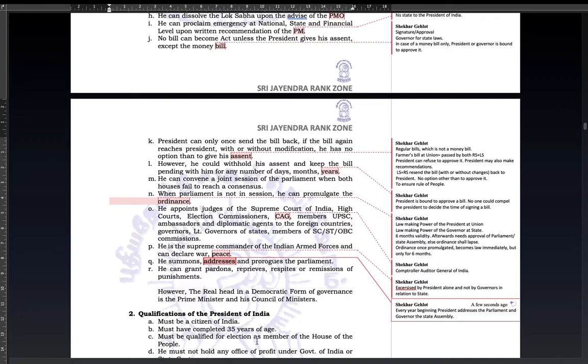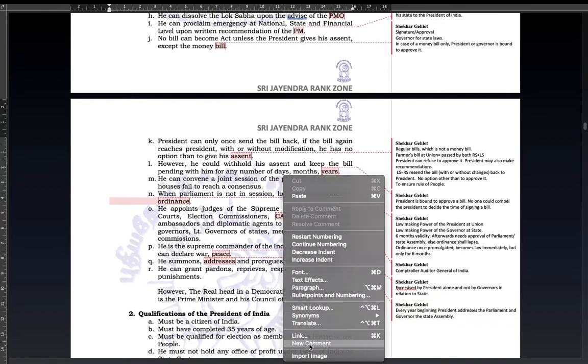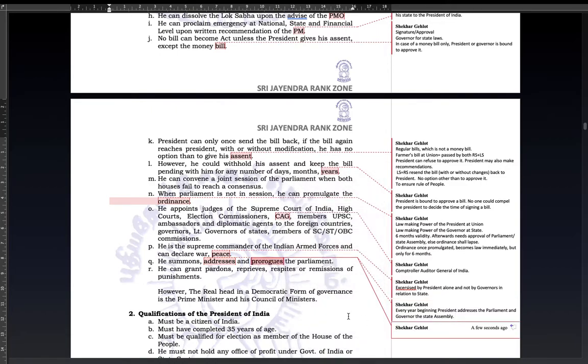Okay, governor will address the state assembly, president will address the parliament, and he can prorogue the parliament, that he can cancel a session. Okay, he can cancel a session, president for the union and the governor for the state, they can cancel or recall a session as well.